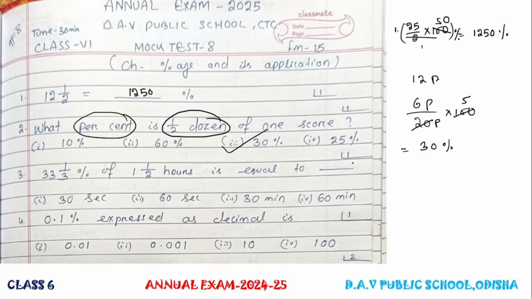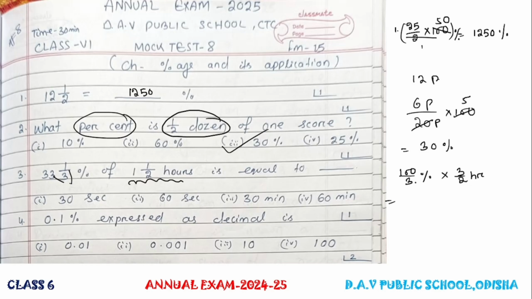33 whole 1 by 3% of 1 whole 1 by 2 hour is equal to dash. First we can write 33 whole 1 by 3 as 100 by 3, because 33 times 3 is 99 plus 1, that is 100. So 100 by 3 percentage of 1 whole 1 by 2, that is 3 by 2 hour.